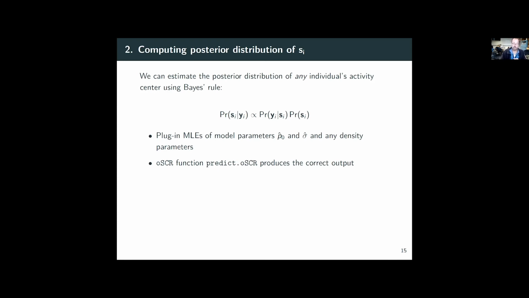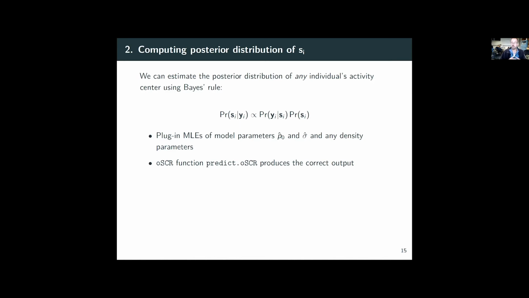We have a handy function called predict.oSCR that, if you give it the fit object and the state space data frame, is going to produce these estimated posterior distributions for each individual activity center.